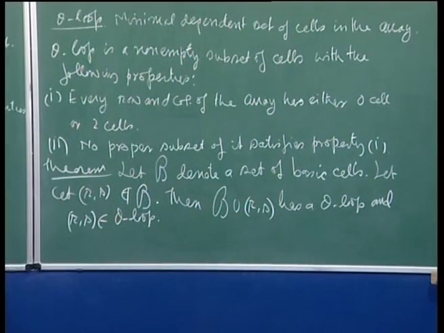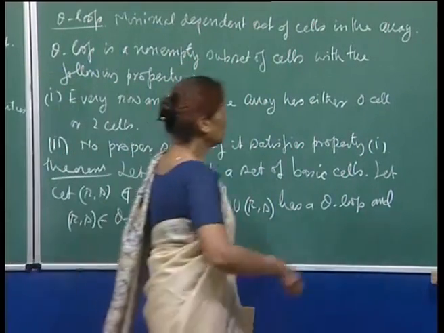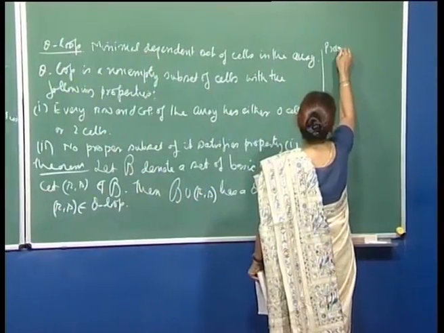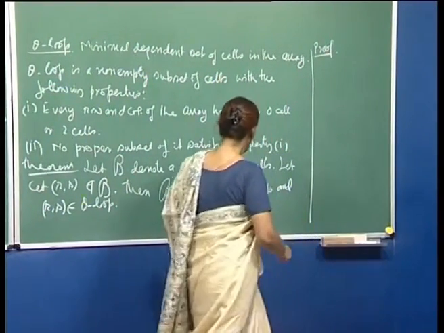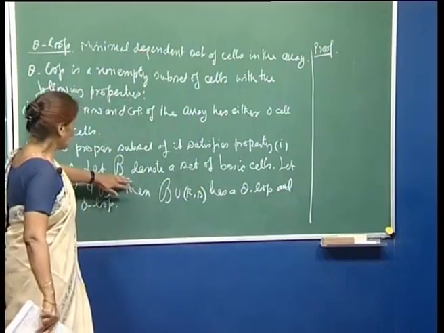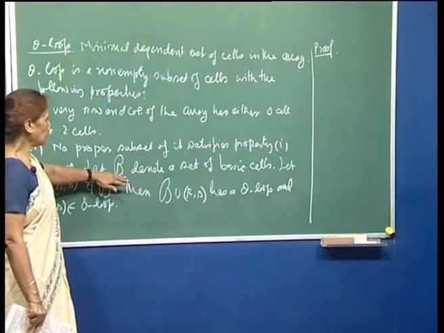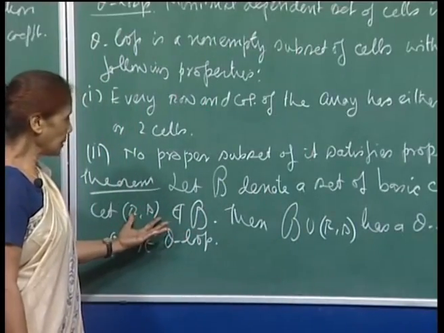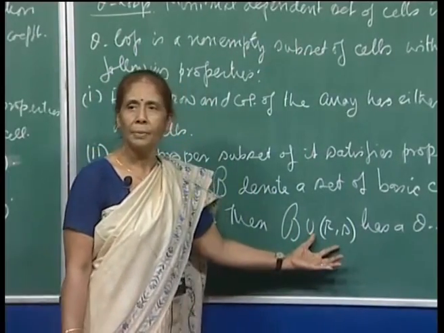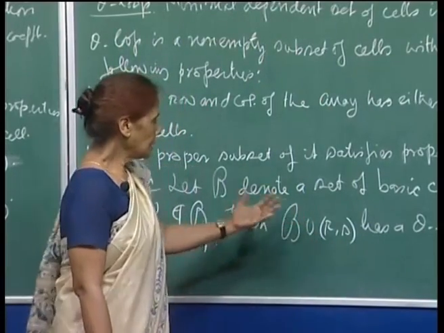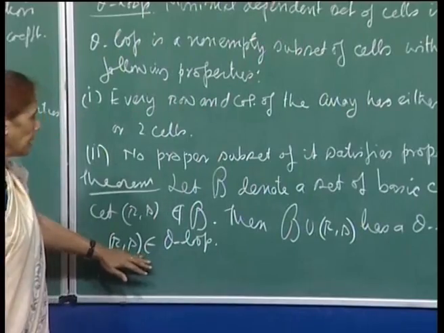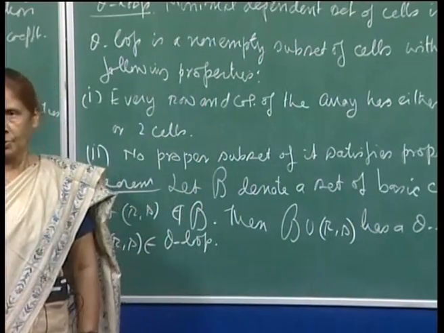So, the theorem is straightforward, and I can write down the proof. So, what are we saying here? That you start with a set of basic cells which are m plus n minus 1 in number, and then you add a non-basic cell to it. So, therefore, the number becomes m plus n, right. And then we are saying that this must contain a theta loop, and the cell R comma s must belong to this theta loop. Okay.